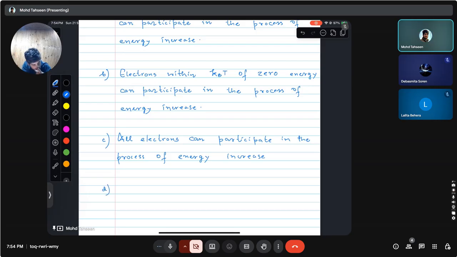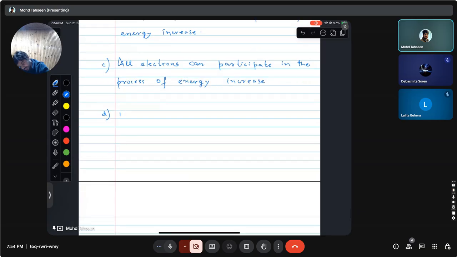And option D, no electron can participate in the process of energy increase.